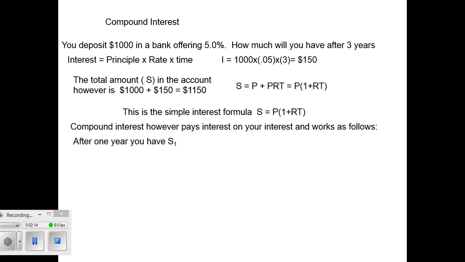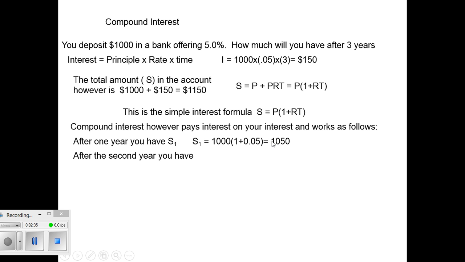So let's say that S1 is the amount in your account after 1 year. It's basically just the formula that we just demonstrated, with the rate of 5% for 1 year. So there it is, 1,050.